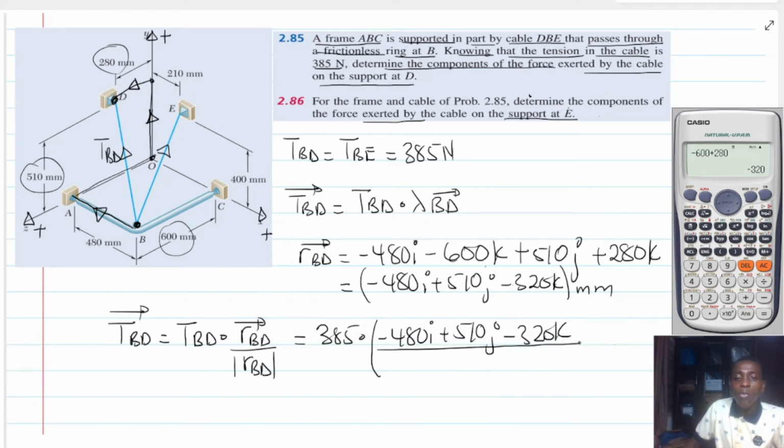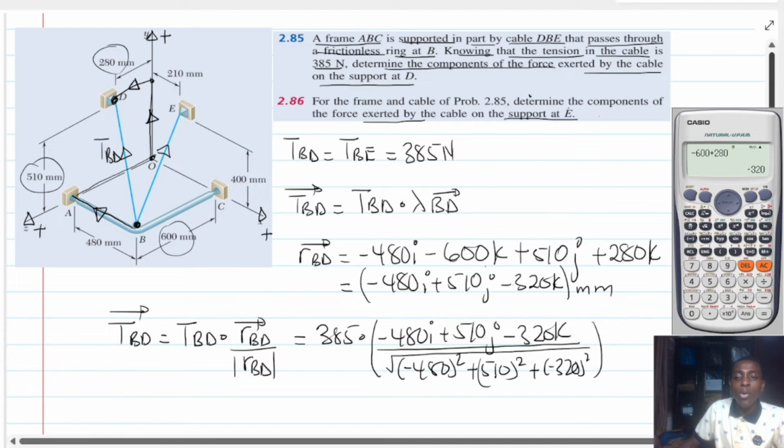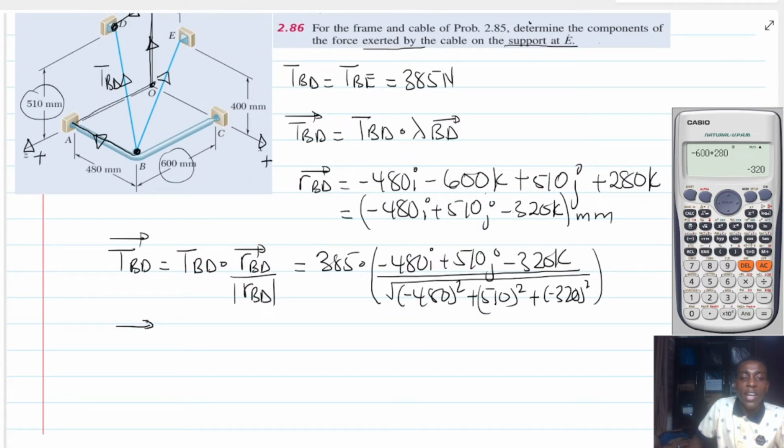Then I will divide the whole of this by the square root of minus 480 squared plus 510 squared plus minus 320 squared. And that will give me the components of the force along X, Y, and Z. And so what is this going to be? Let's pick our calculators and do this together.